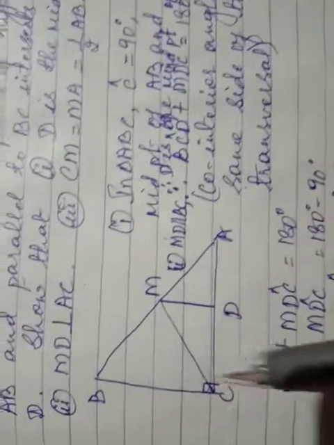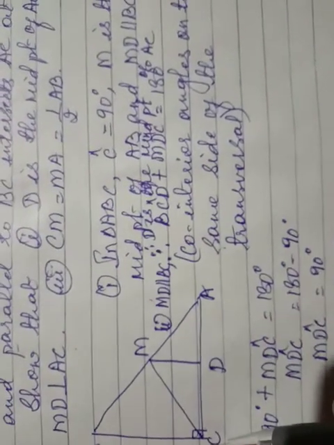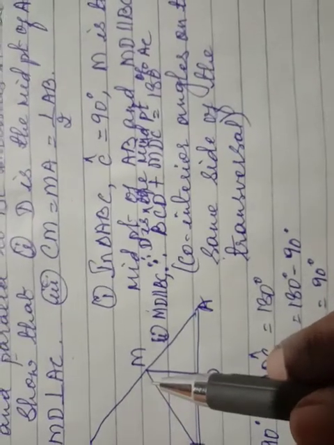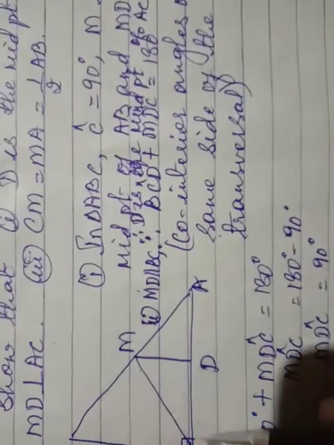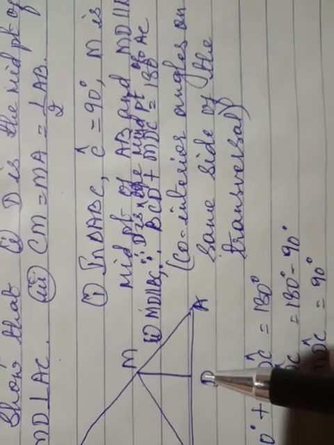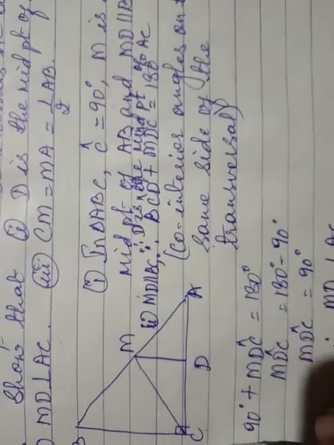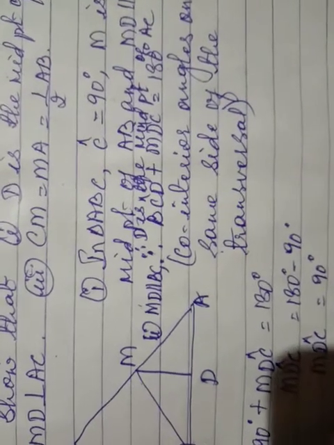Now this is the figure. First one, in triangle ABC, angle C is equal to 90 degrees and M is the midpoint of AB. Okay, and MD is parallel to BC.